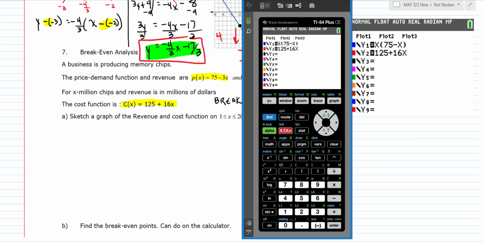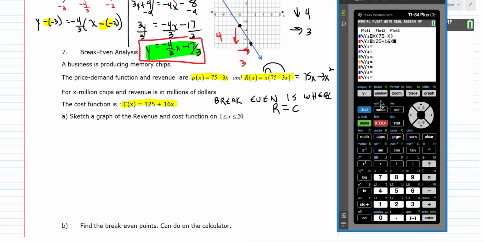So the first thing is on the window, I'm going to go ahead and just do x equals 0 to 20. That's what I'm interested in, and then you can scale that by whatever you want. You can scale by 1, you can scale by 10, scale by 5. I'm going to scale by 5. Now, if you want to know what the revenue is, look at your table of values.